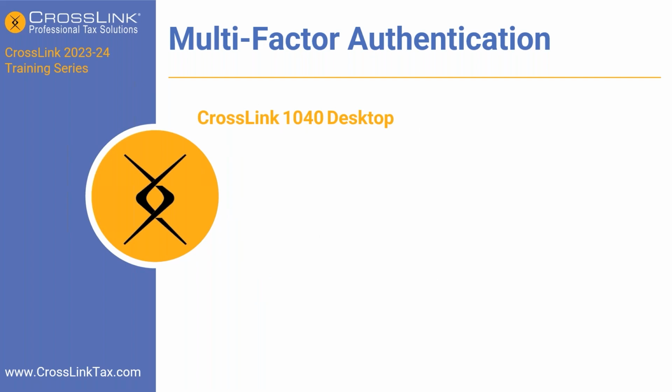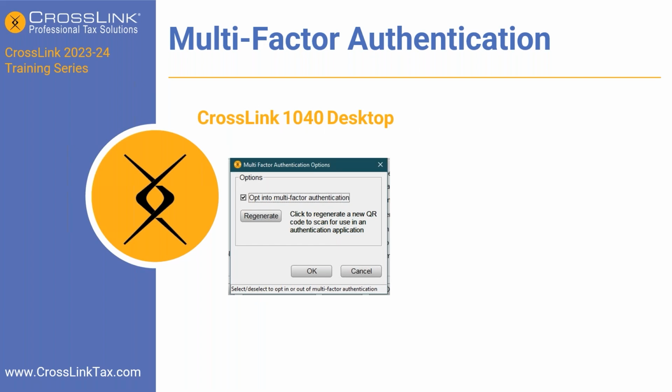So what that means is within our desktop, this is what you may see when you're installing the software for the first time, or when you simply log in for the first time. You and your preparers, when they log in, they may see this pop-up that says, do you want to opt in to multi-factor authentication?